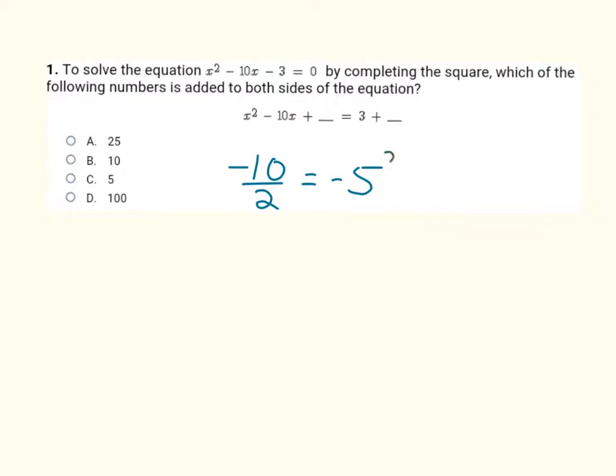Then I'm going to square negative 5. Negative 5 times negative 5 is positive 25. Doing those 2 steps of dividing by 2 and then squaring gives me the number I need to add to both sides in order to complete the square. So my answer here is A.